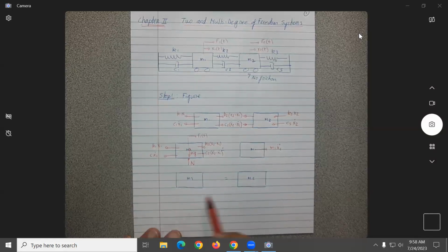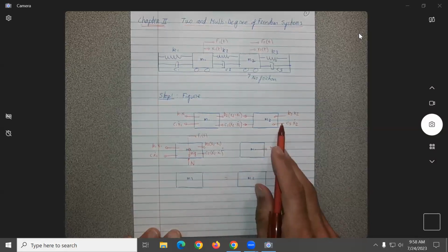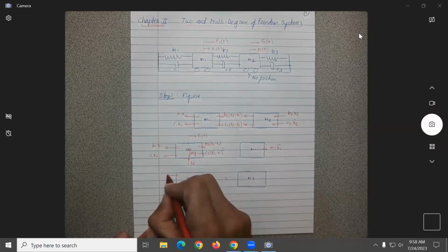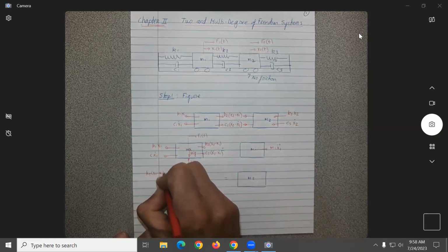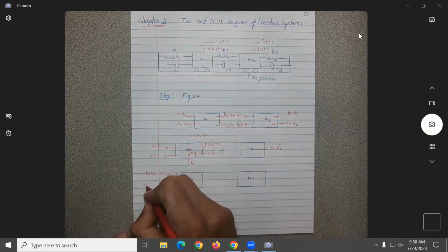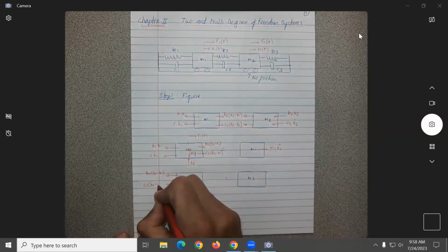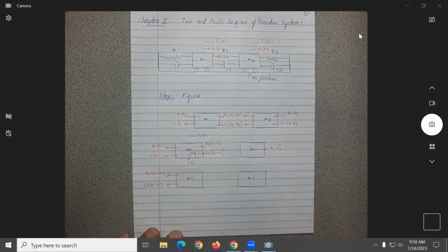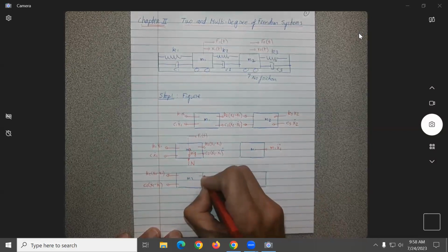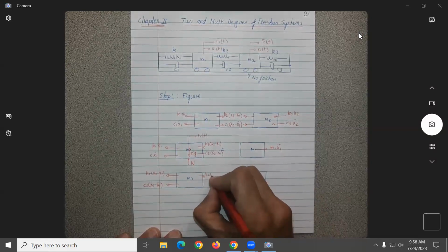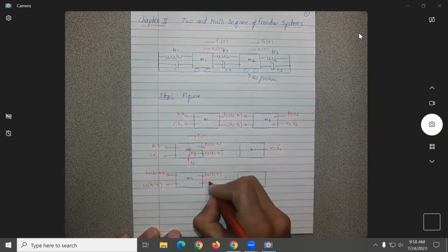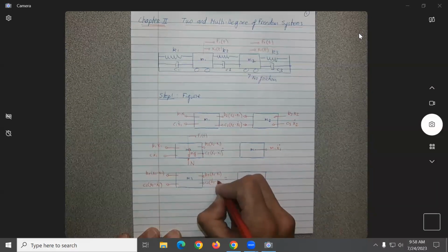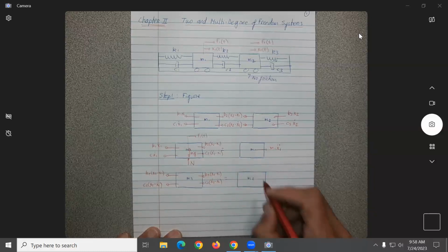So now we do exactly the same thing with the other one. So that's what I'm going to recopy from the figure here. We're going to have here K2 (x2 minus x1), C2 (x dot 2 minus x dot 1). Then on this side, we have K2 (x2 minus x1), C2 (x dot 2 minus x dot 1).